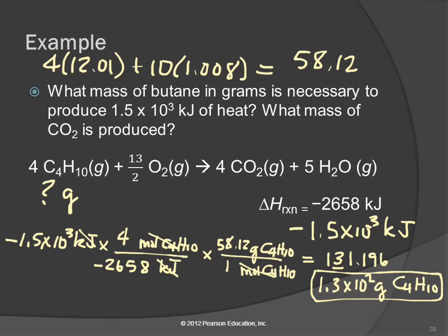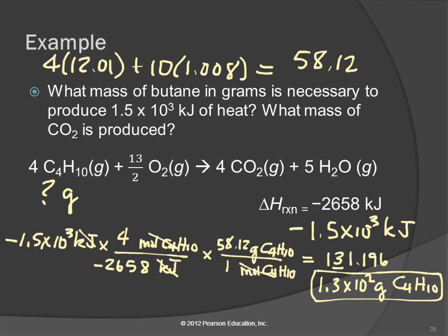There's a couple of different ways to think about this. When we look at this heat of reaction, we see that it's negative. That tells us this is an exothermic reaction. It's giving off energy. So if we're asking what mass of butane to produce this amount of heat, is the heat being given off or taken in? Well, it must be being given off. And so therefore it's also a negative.